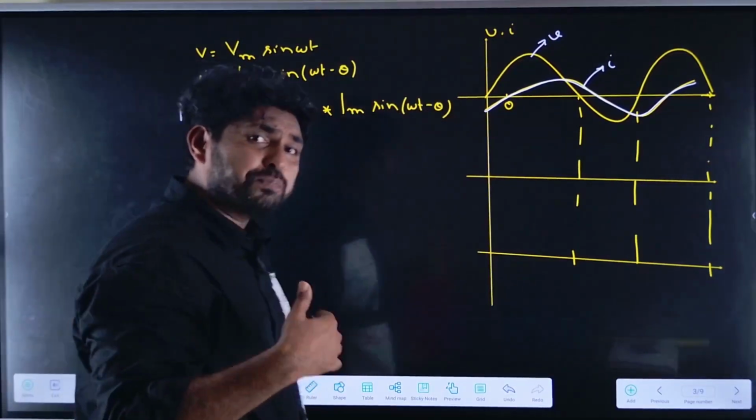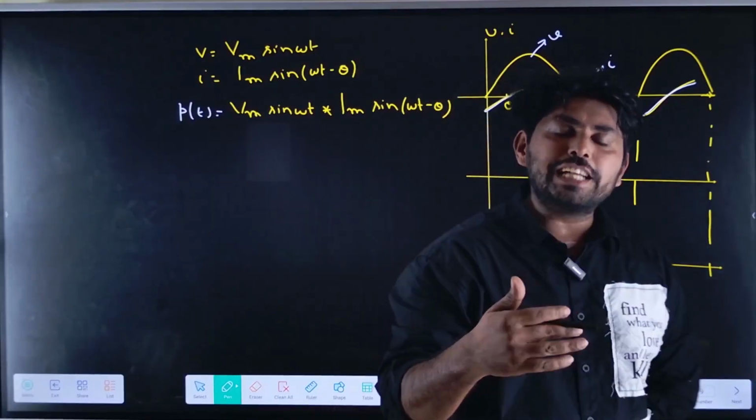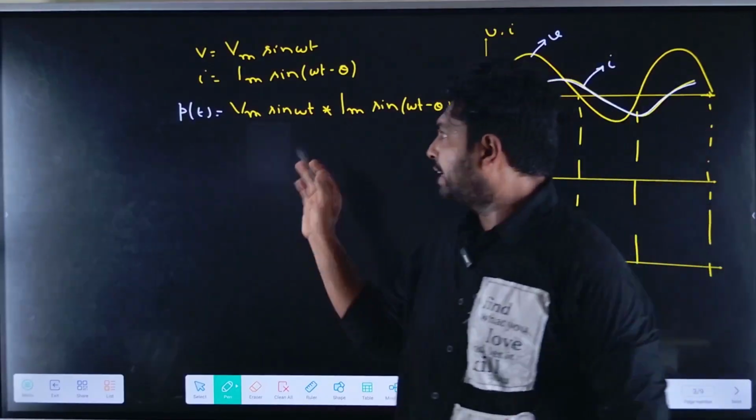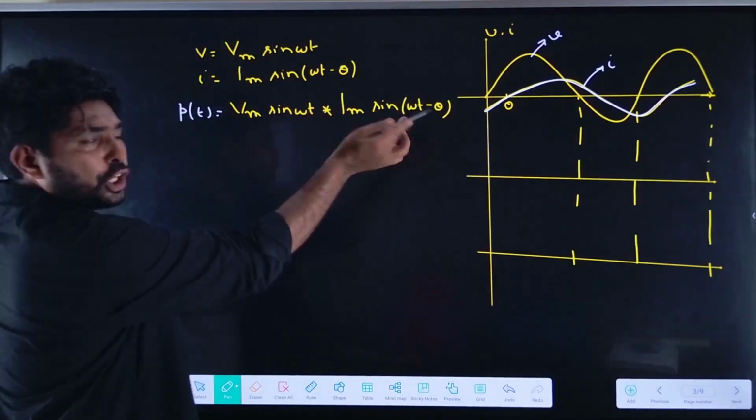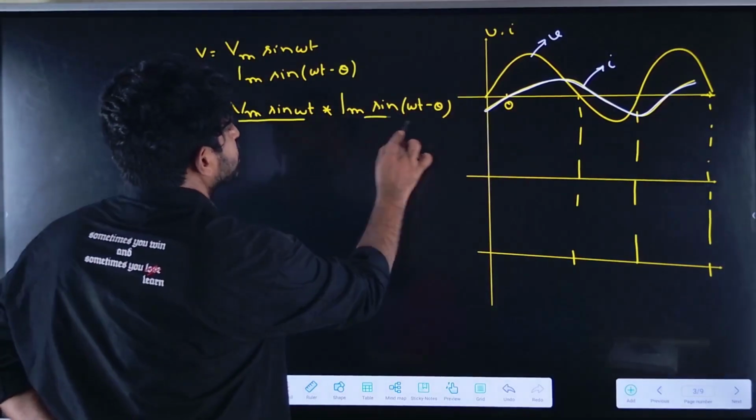The instantaneous power equals the instantaneous voltage times the instantaneous current. Power equals voltage times current. Now we have these two terms.